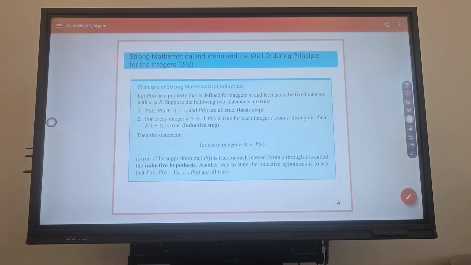For every integer k greater than or equal to b, if P of i is true for each integer i from a through k, then P of k plus 1 is true. That's the inductive step. Then the statement for every integer n greater than or equal to a, P of n is true. So the supposition that P of i is true for each integer i from a through k is called the inductive hypothesis.